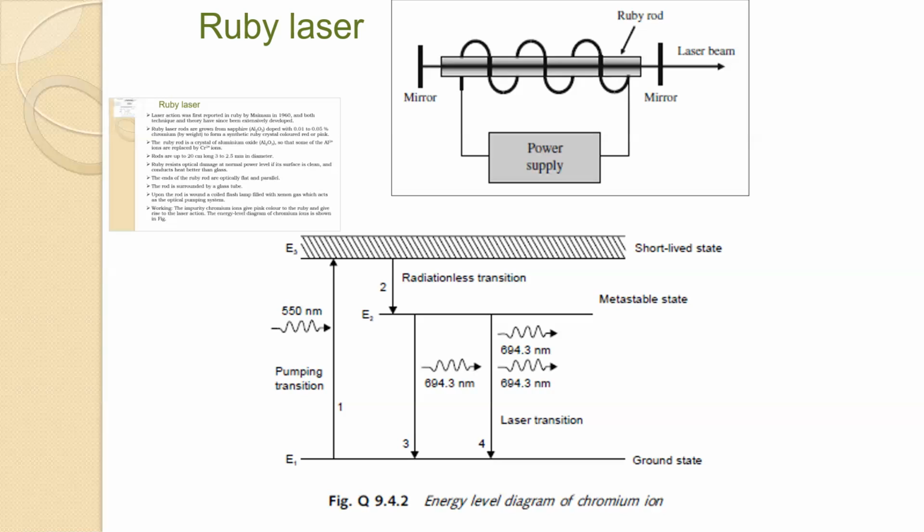By the continuous pumping, the number of atoms in the energy level E2 increases. So the number of atoms N2 in the energy level E2 will be greater than the atoms in the lower level. Then the population inversion is achieved.